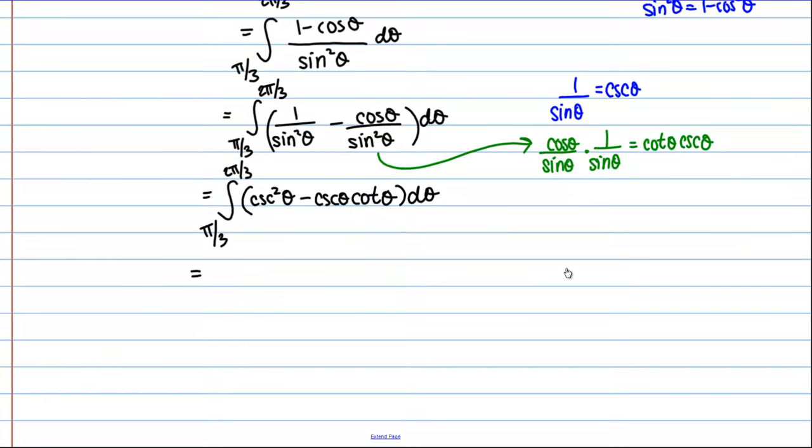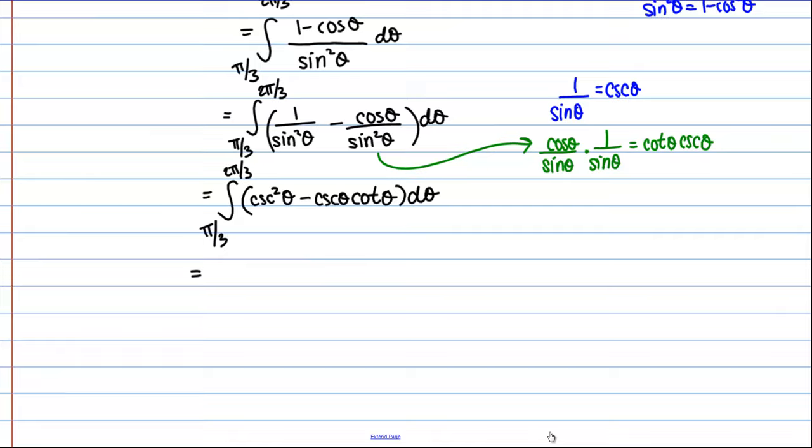Now I'm at a point where I can go ahead and take the antiderivative because both of these terms just have basic antiderivative formulas. So the antiderivative of cosecant squared is the negative cotangent.